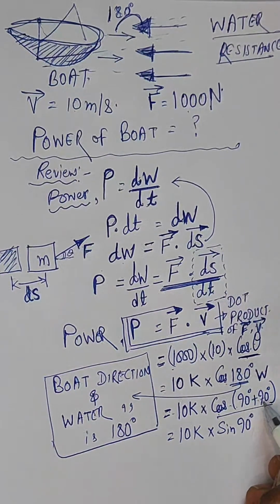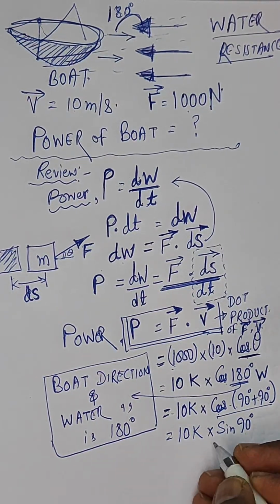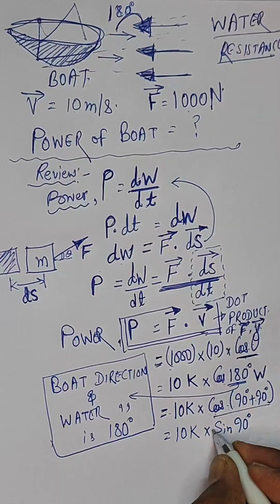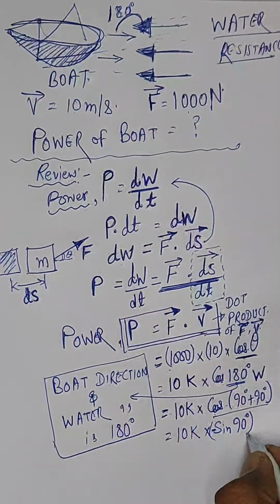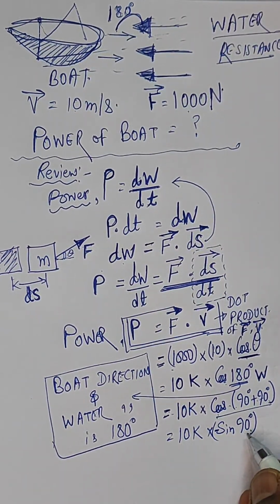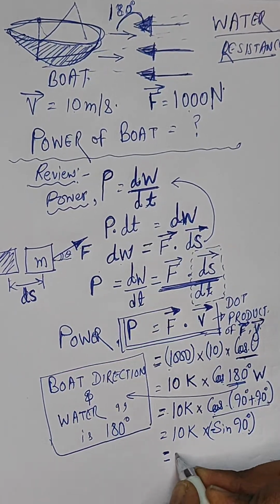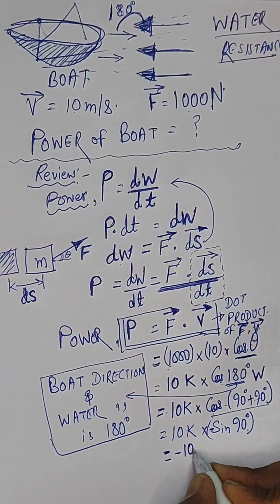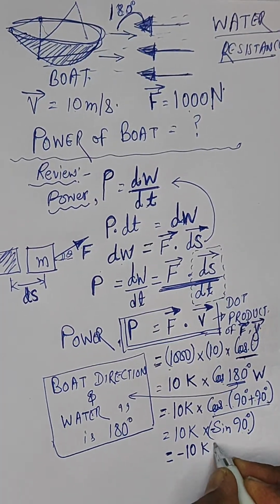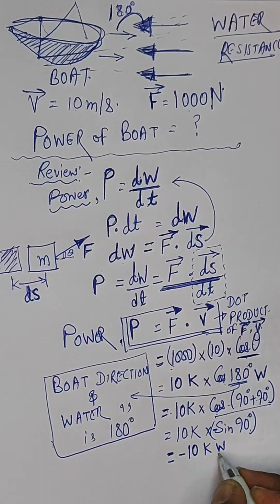Though it is going into the second quadrant, it will be negative, right? And sine 90 is nothing but 1. So it is coming as minus 10k watt.